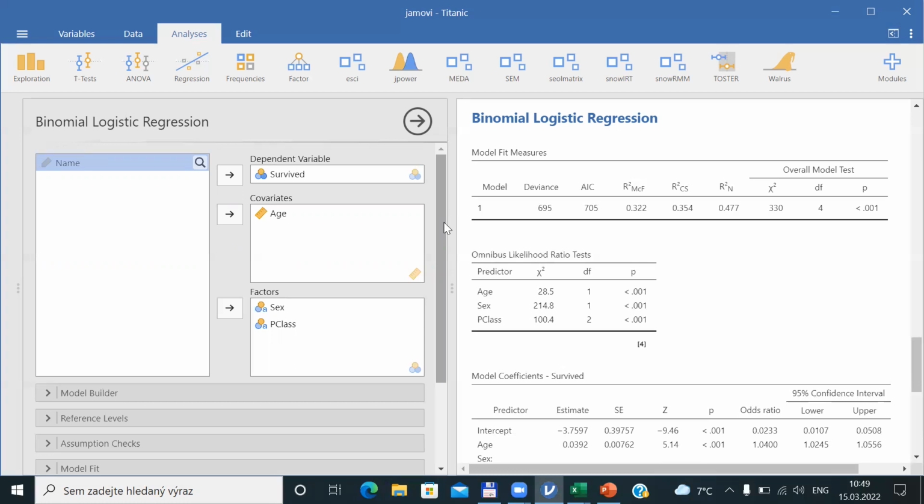We will also make a brief tour through JASP and SPSS to see how it works in competing platforms. And then we will skip into the topic of multinomial or polytomous logistic regression. So it means our dependent variable will have more options. But we know all the basic steps for next week, I guess.